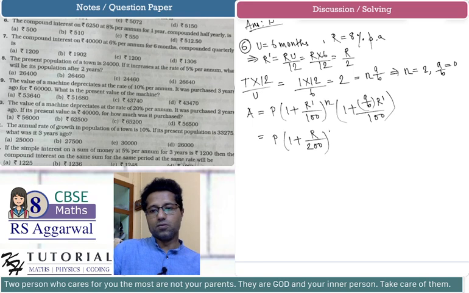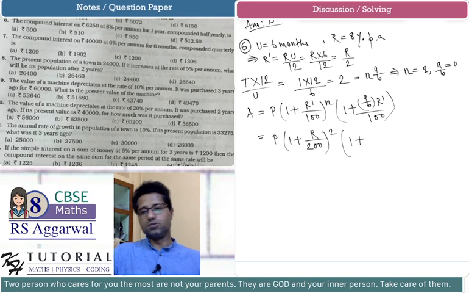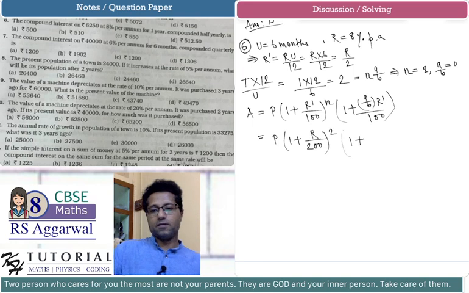N is equal to 2 and a by b is equal to 0, so this whole factor will become 1. So we have P multiplied by 1 plus, what is r? R is 8 by 200, squared.